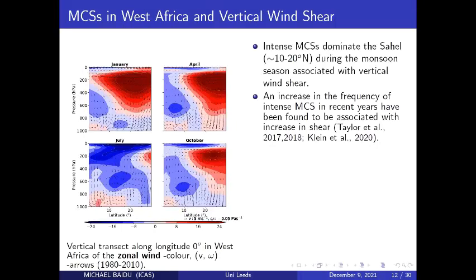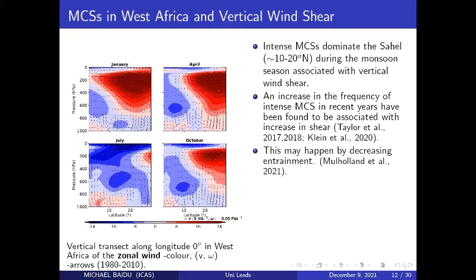There are recent works from Chris Taylor and Cornelia Klein that have found that an increase in the frequency of intense MCSs in recent years has been associated with a strong increase in shear. A recent idealized study has indicated that this may be happening by decreasing entrainment.